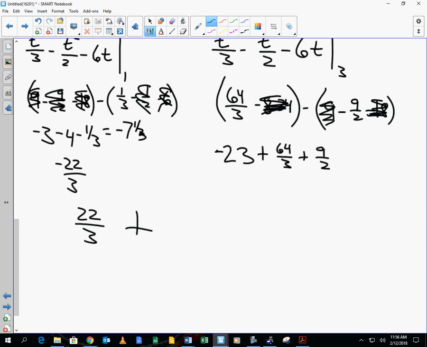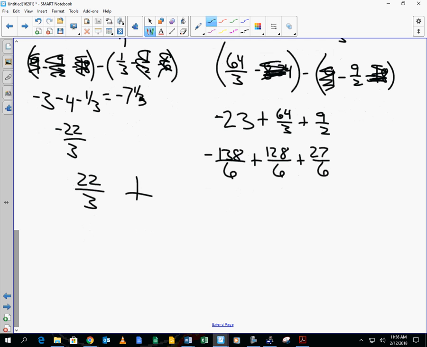What would the common denominator be? 6. 6 times 23. Let's see, 6 times 20 is 120. 6 times 3 is 18. So negative 138 over 6 plus, I'll multiply top and bottom here by 2. I get 128 over 6. 27 over 6.